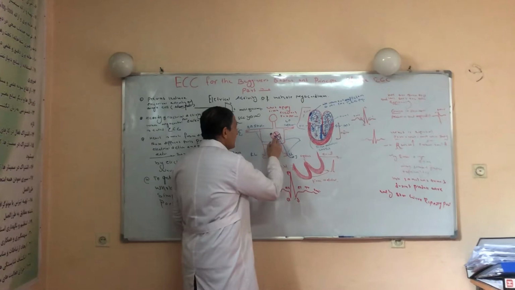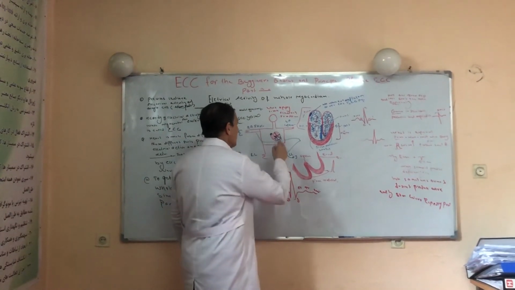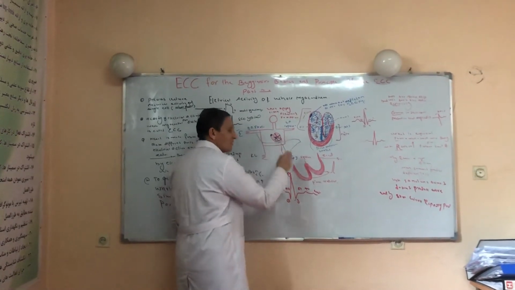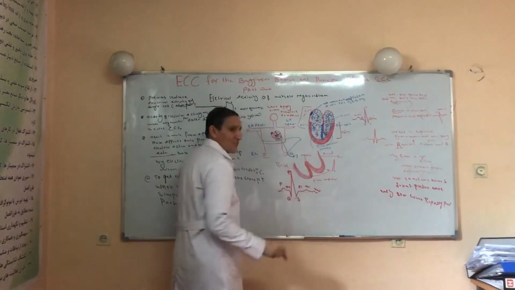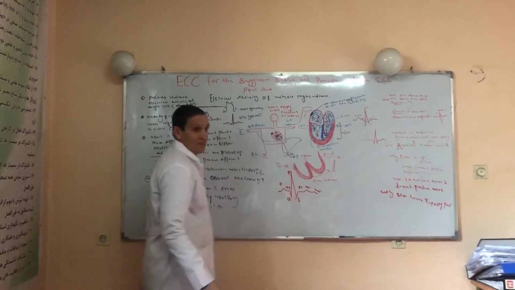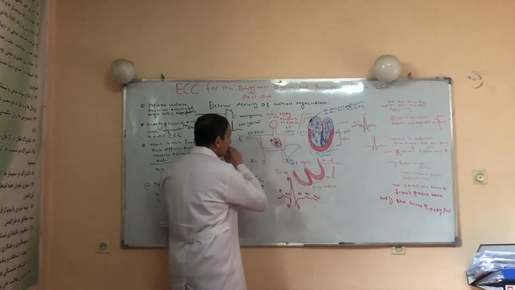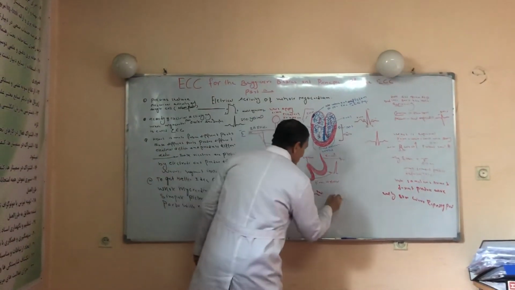After the AV node, the electrical impulse comes to the bundle of His. The bundle of His is divided into the left bundle branch and right bundle branch. The left bundle branch is further divided into the anterior fascicle and posterior fascicle, and finally they are further divided into Purkinje fibers. This was about the depolarization, the atrial depolarization wave.